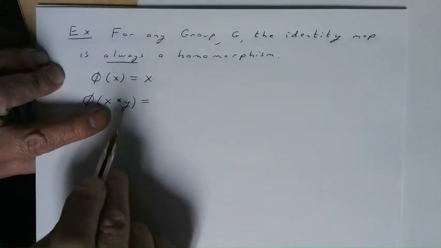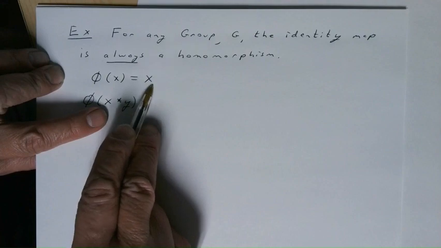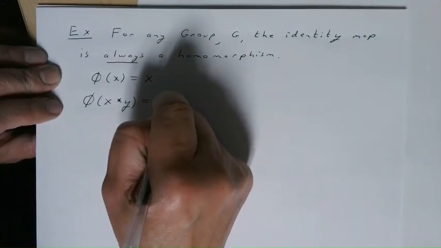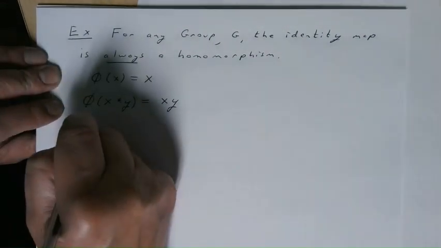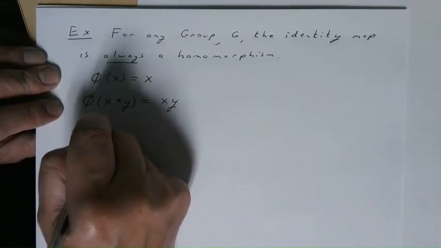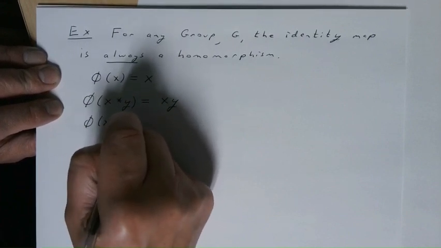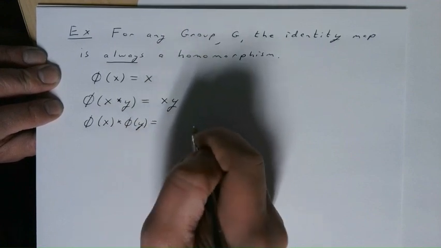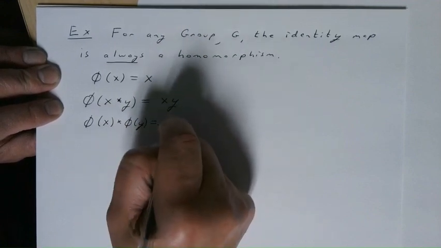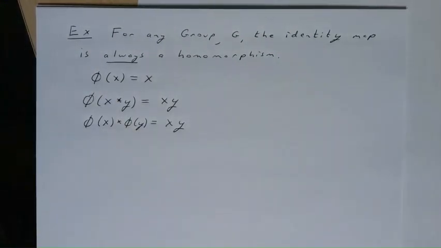When we put x y in by the identity, we're going to end up with xy. And then if we put phi of x, phi of y, we're going to get xy. So the identity map is always a homomorphism.